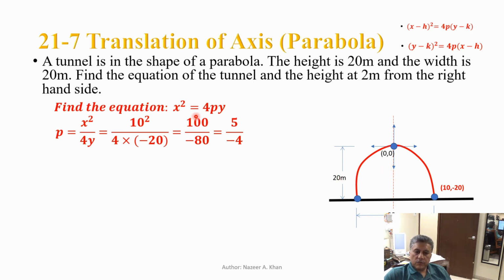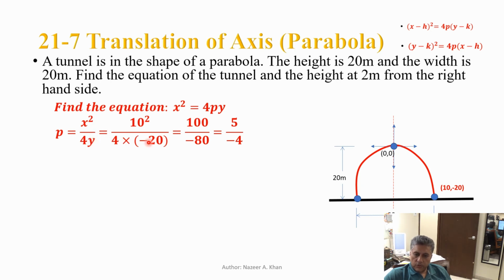When we look at this, we're going to solve this equation for p, and to do that, I am going to divide out by y. So that's what I've done there. Now I'm going to plug in 10 for x, because this is the point I'm using. I'm going to put in minus 20 for y.